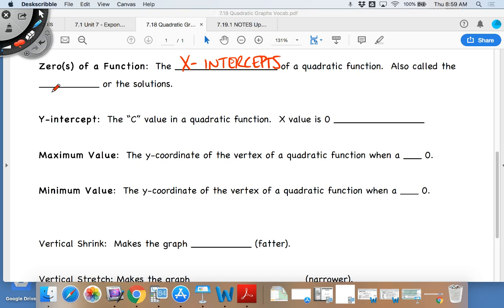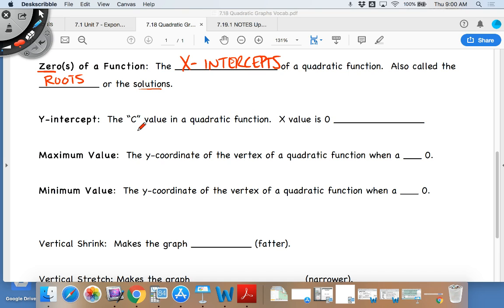The zeros are the x-intercepts. They're also called the roots or the solutions. So we've been working on solving by factoring and solving by quadratic formula. Those have been the solutions. But it also means those are the x-intercepts, the roots, the zeros, because all those words mean the same thing.